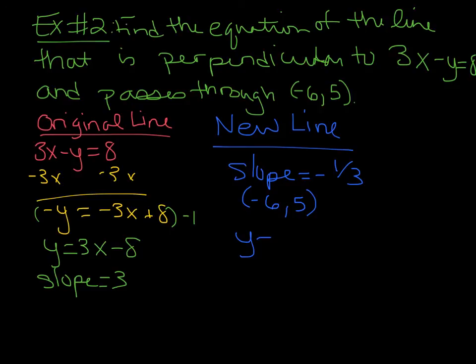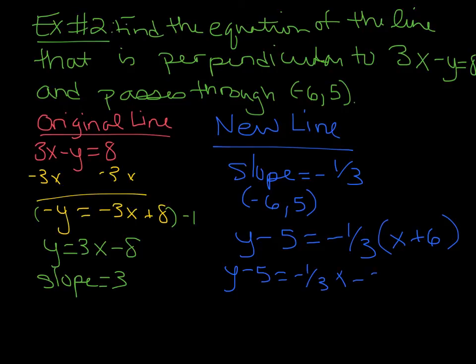I get y minus y1, which is 5, equals my slope, negative 1/3, times x minus x1, which gives me x plus 6. Now I need to solve it out by using the distributive property and moving over that 5. That gives me y equals negative 1/3 x plus 3, and that's my answer.